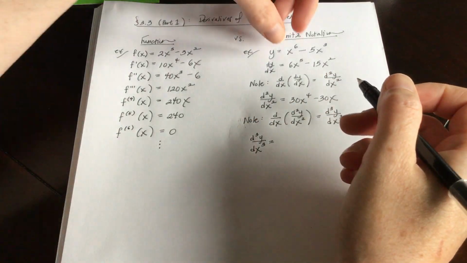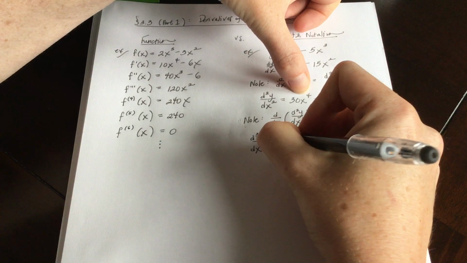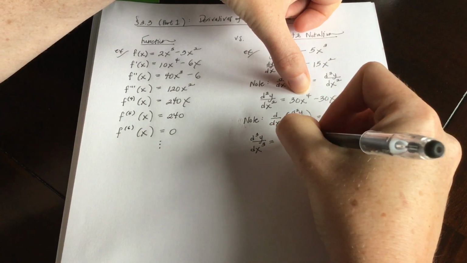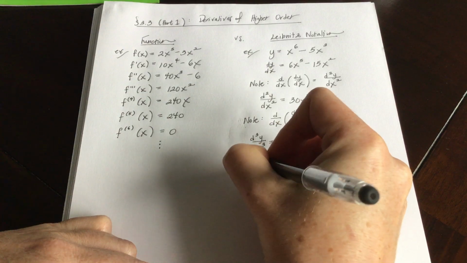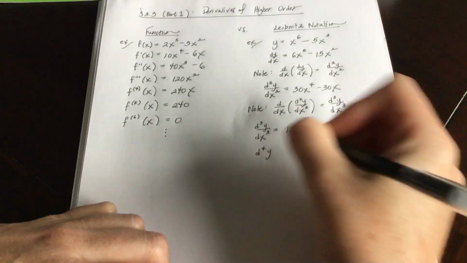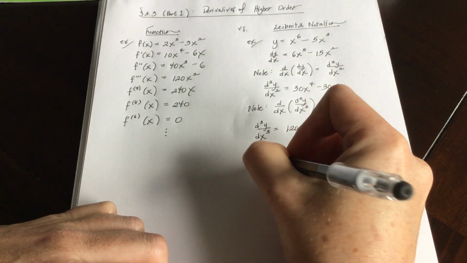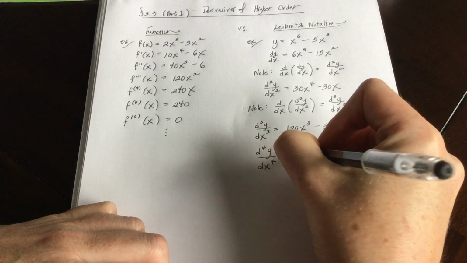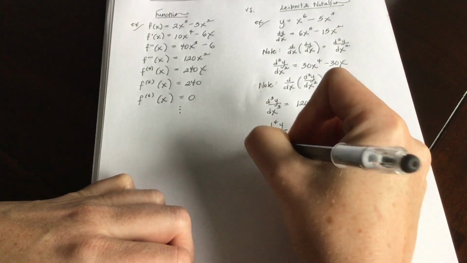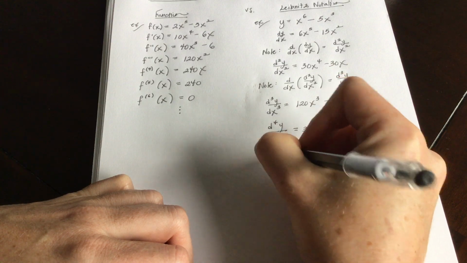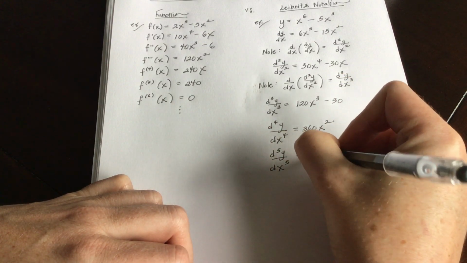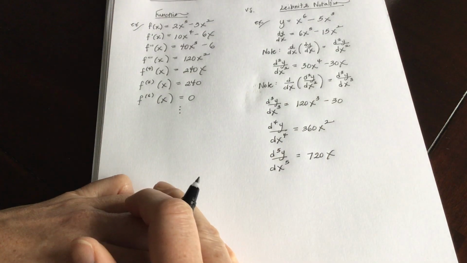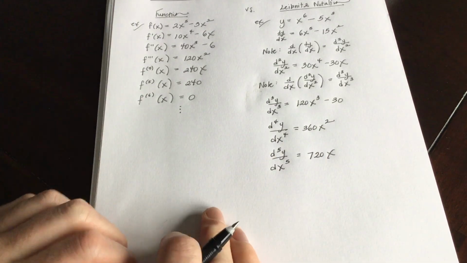The third derivative would be 120x cubed minus 30. And then it just follows from there. There's no notation change with Leibniz, and so on. You could continue like that forever if you want.